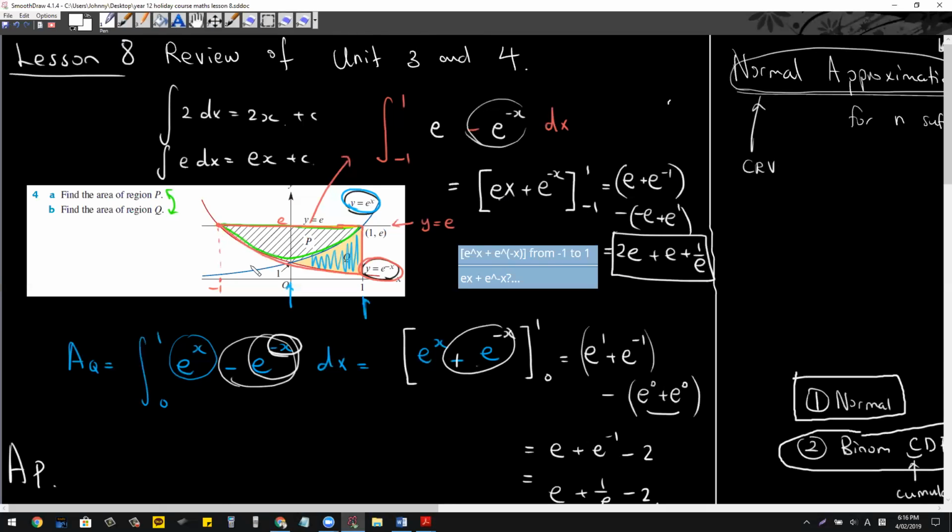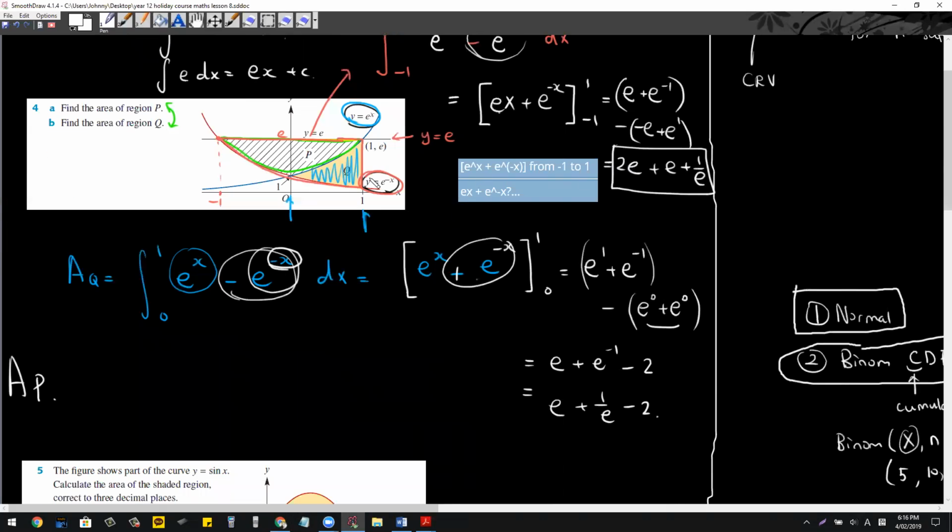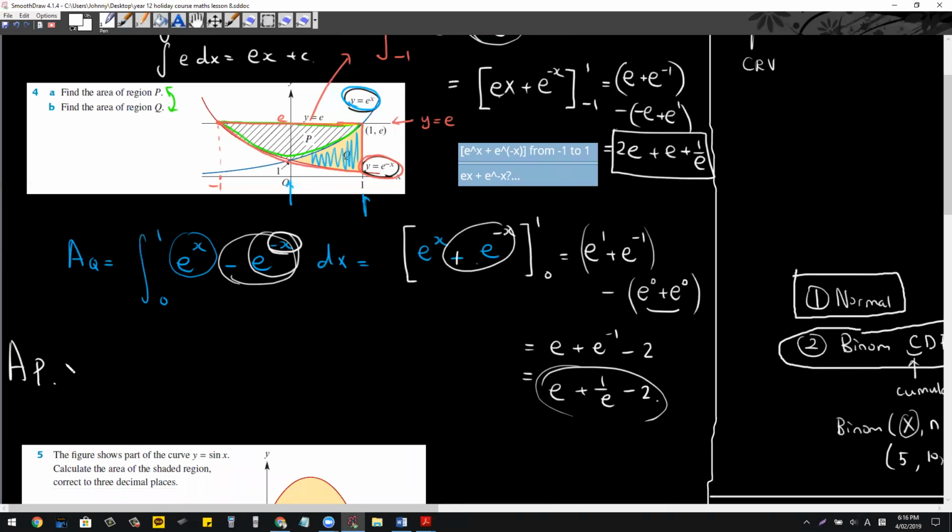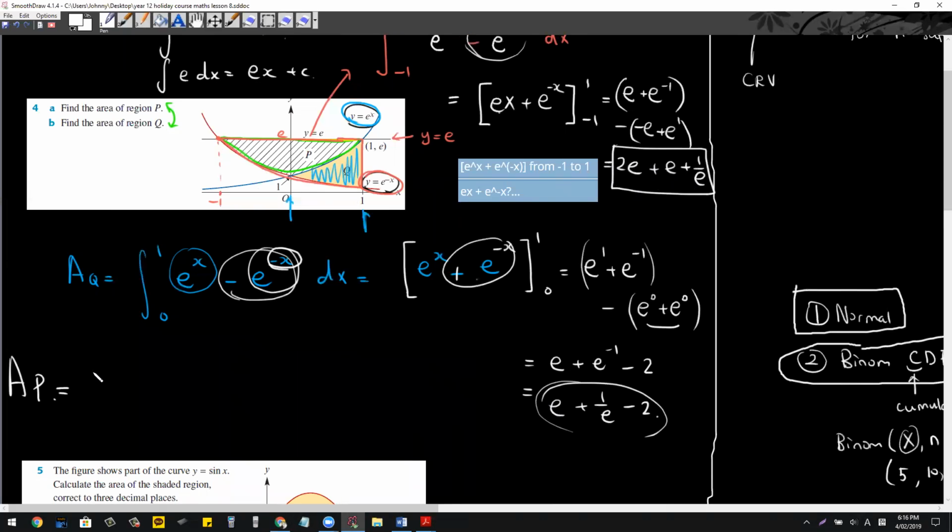Okay. And we can subtract the Q from, this is Q, right? So subtract that from here. Then we get, so you see, this is 2e plus 1 on e, minus this area, which is e plus 1 on e minus 2. Then you get the e, hold on, what are we doing here?